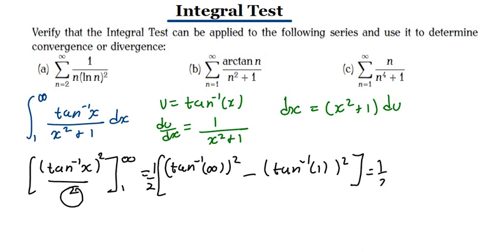That would be 1 over 2 outside. So tan inverse of infinity is actually 90 degrees, which is pi over 2. But instead of just saying pi over 2, remember there's this square, so that would be pi squared over 4.